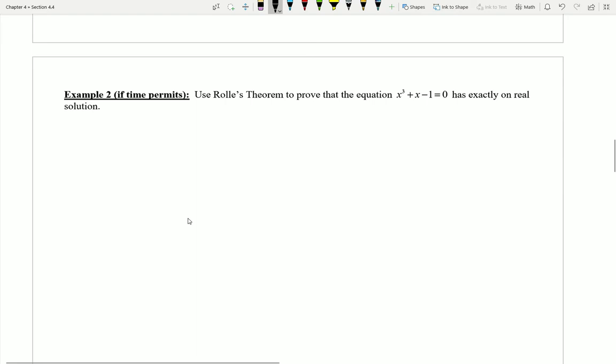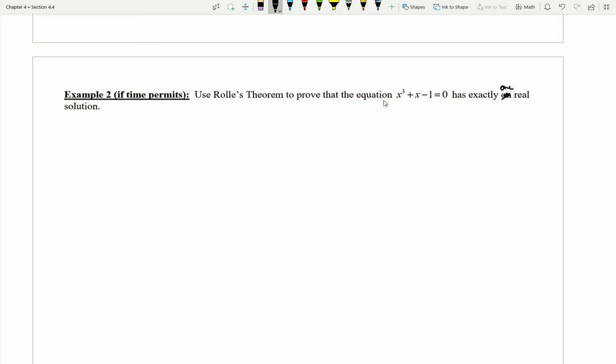Let's take a look really quickly at example 2 to see how we can use Rolle's theorem to show something very unrelated to what Rolle's theorem actually says. We want to prove here that this equation has exactly, and that's a typo there, but this should say exactly one real solution. So show that there is exactly one x value that makes this work.